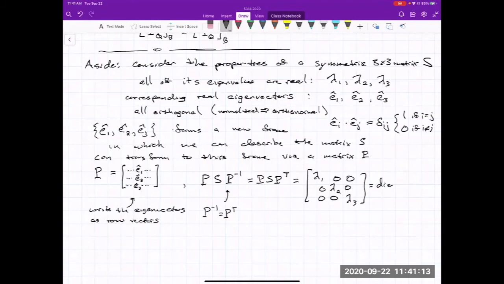Maybe you've seen this way of writing things: diagonal, lambda 1, lambda 2, lambda 3. We would say this has the same physical content. This is the matrix S transformed into its eigenbasis.